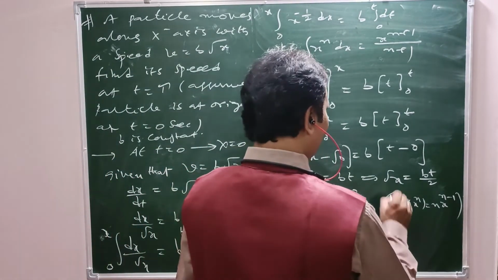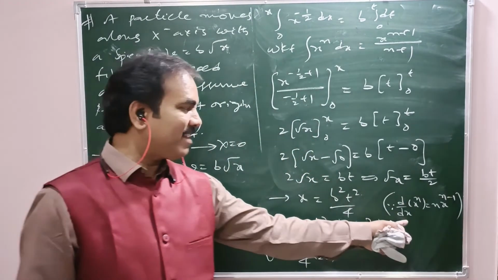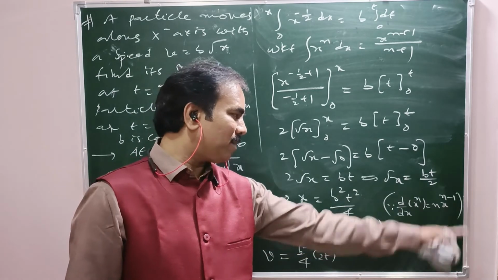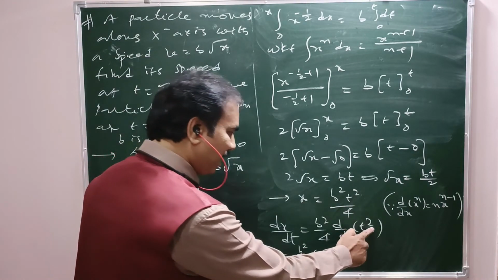Since the differentiation of x power n equals n into x power n minus 1, in this case n is 2.